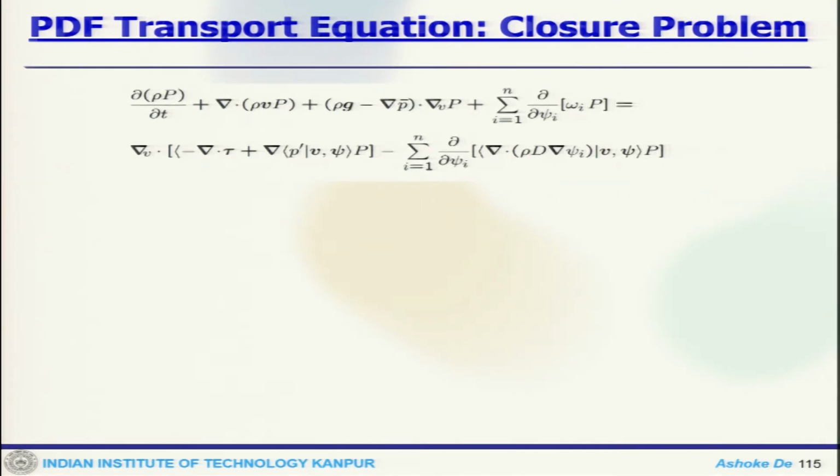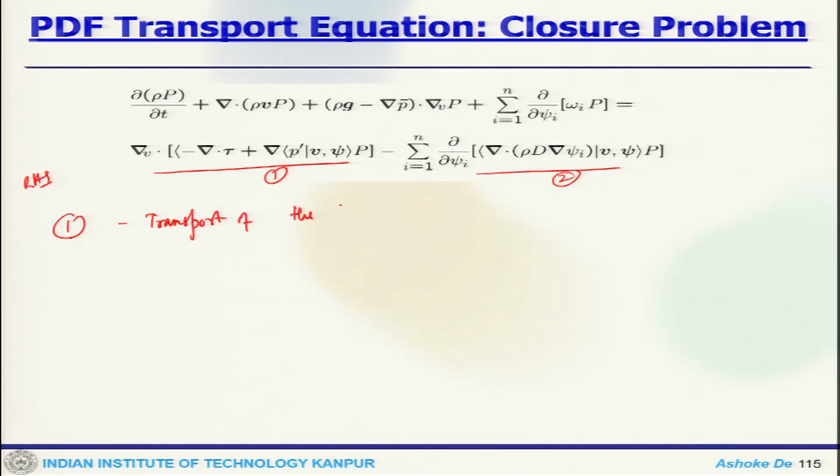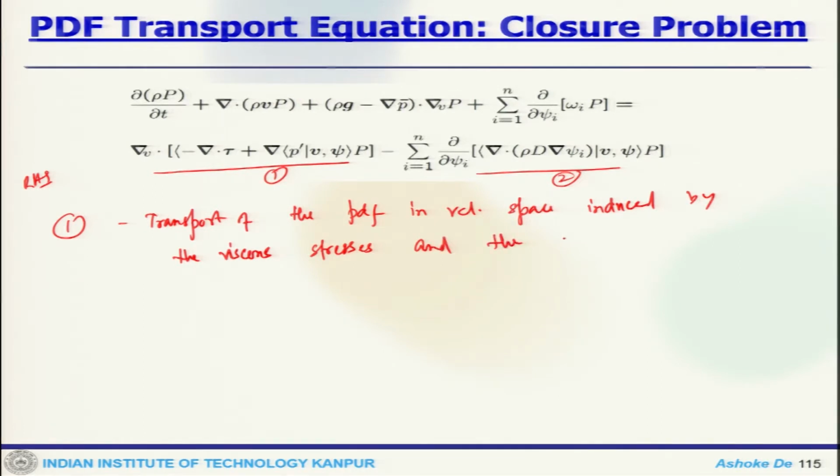Now, the first term on the right hand side is an unclosed term that describes the transport of the PDF in velocity space induced by the viscous stresses and the fluctuating pressure gradient.